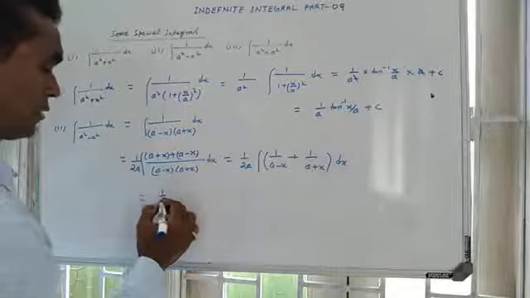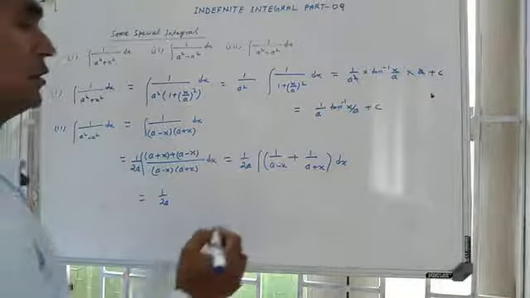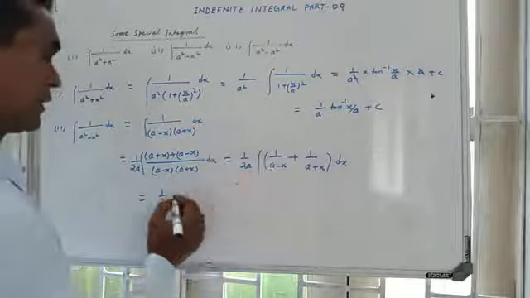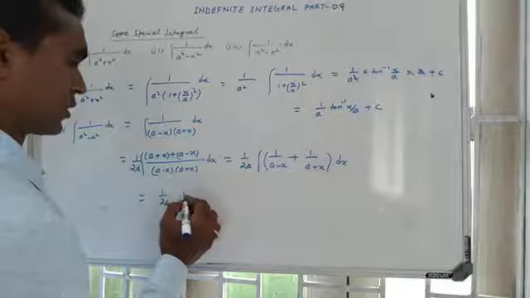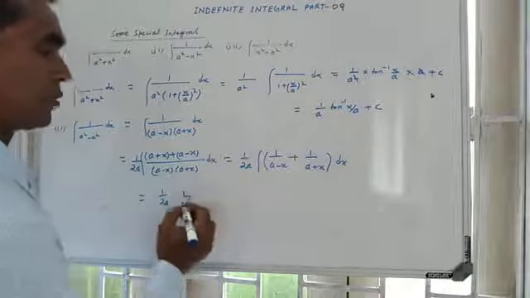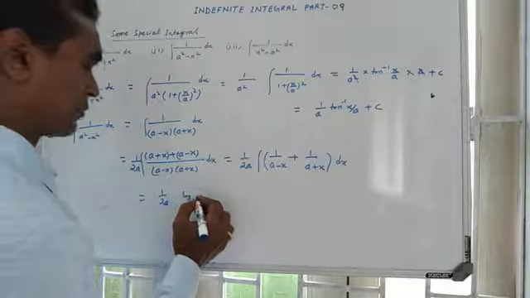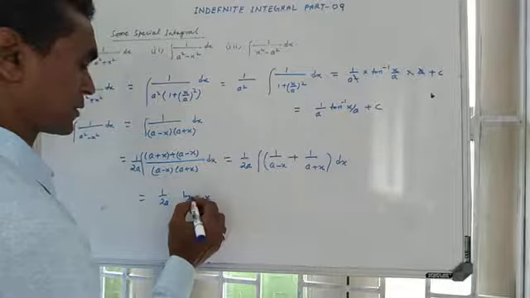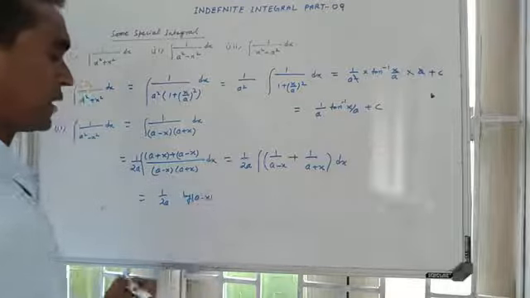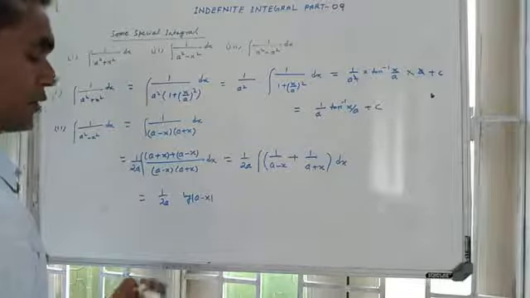1 by 2a, integral of 1 by x form. So the integral of 1 by a minus x is log of a minus x divided by the coefficient of x.